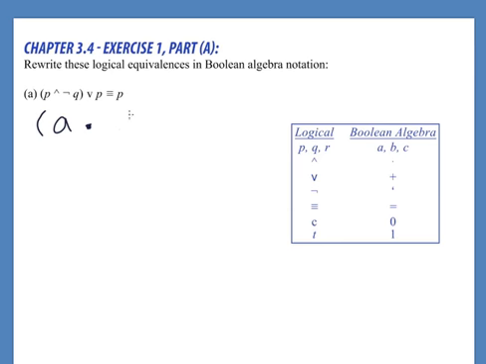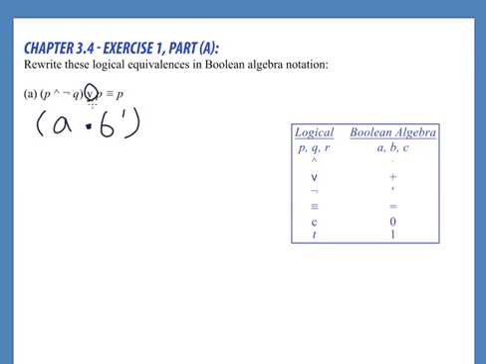And then this symbol right here, the negation symbol, is equivalent to the complement symbol. That is in relation to the Q, and the Q in logical is B in Boolean. Because this is the negation of Q, it's going to be the complement of B. We'll close the parentheses and we're done with that part.